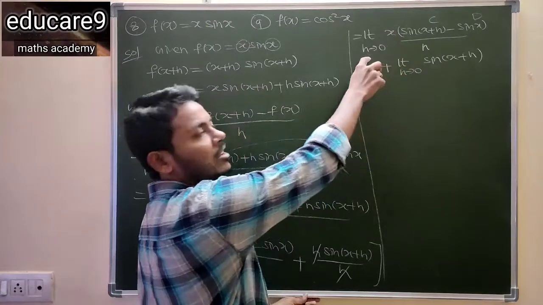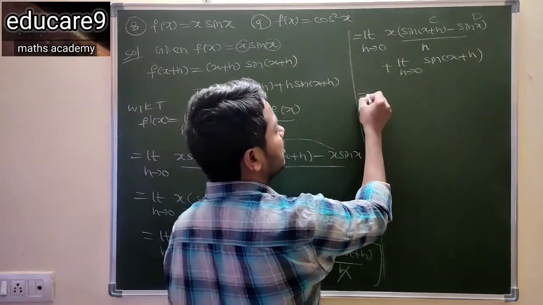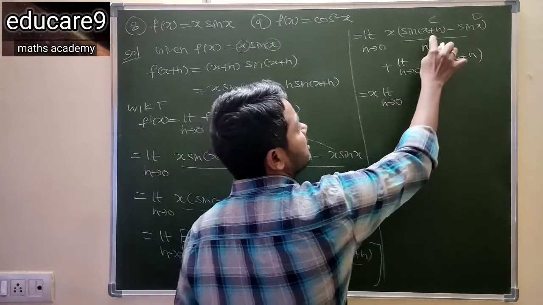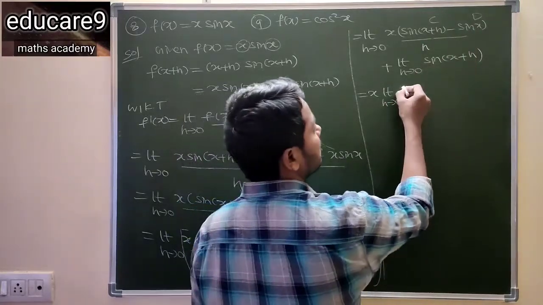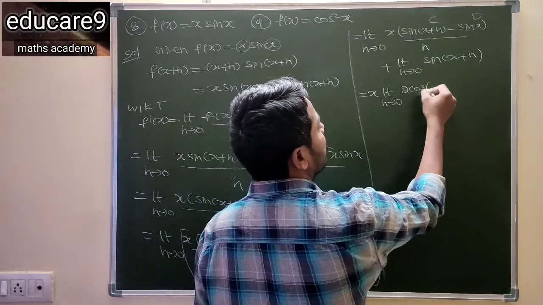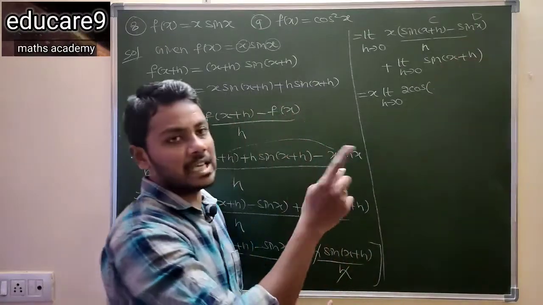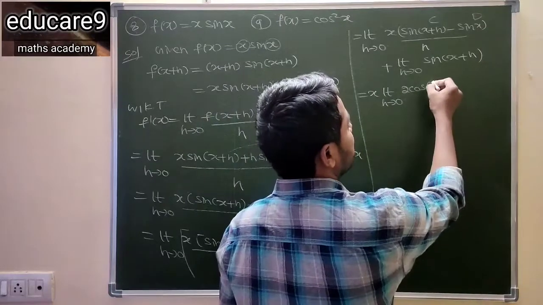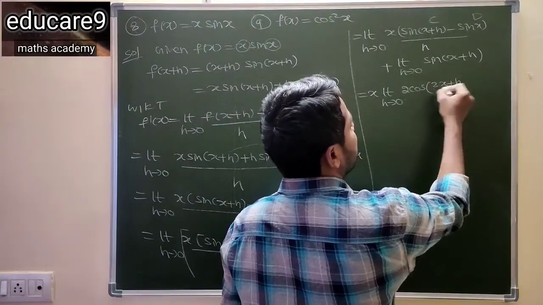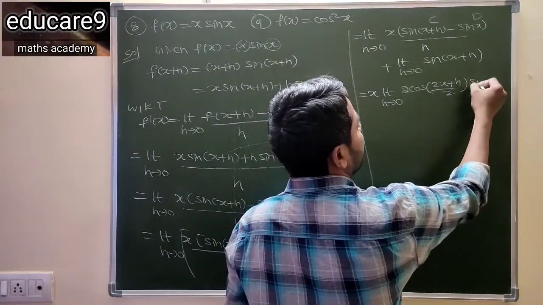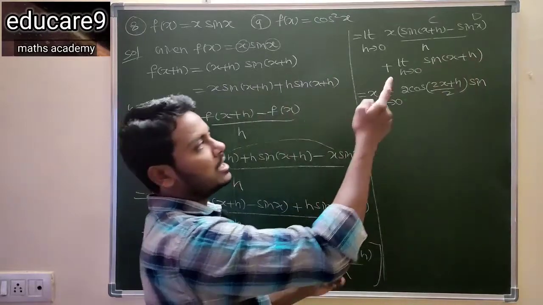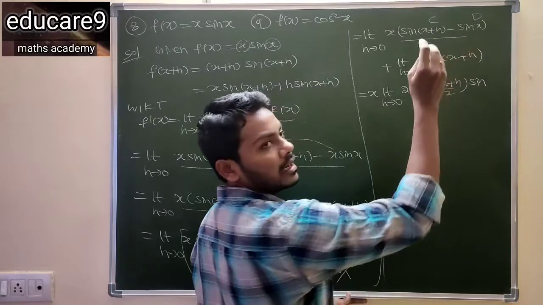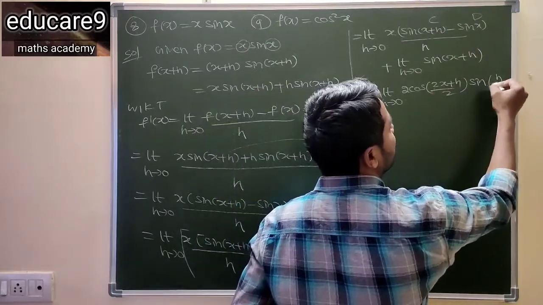Now x does not depend on the limit, right, so it is outside the limit. x into limit h tends to 0 of sin C minus sin D. That is 2 cos, add these two terms, C plus D, x plus h plus x, that is (2x plus h) by 2, into sin((C minus D)/2): x plus h minus x cancels, leaving h by 2.